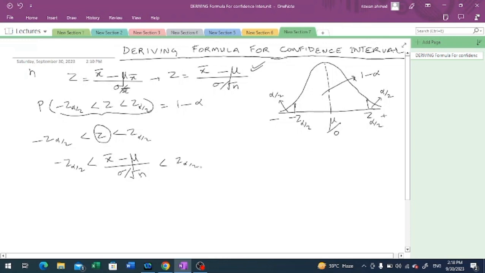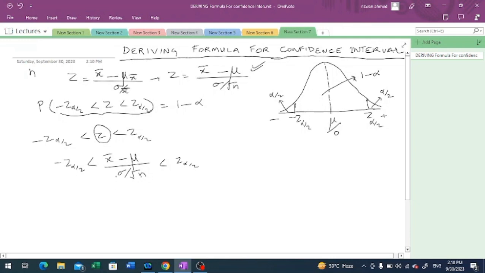In the next step, we would like to construct the confidence interval formula for mu. So we need only mu to be isolated or left alone in the center, and the rest of the things must be moved. If something is written as a fraction, we prefer to move the denominator first.